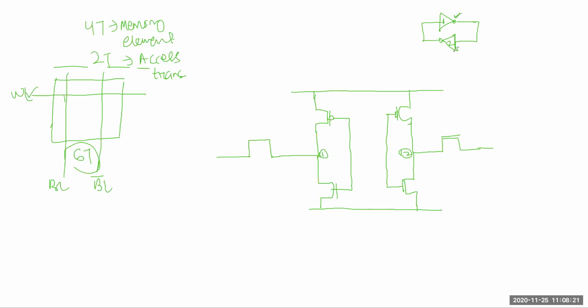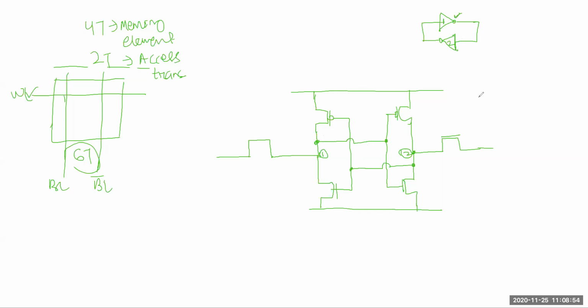The input of the second inverter. So this is the output of the first inverter, and you connect it to here. Then the output of the second inverter is connected to the input of the first inverter. Clear how the circuit is connected?